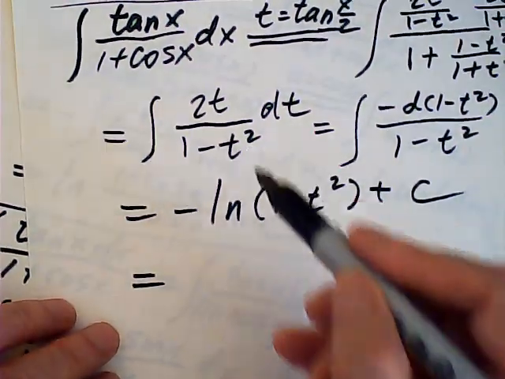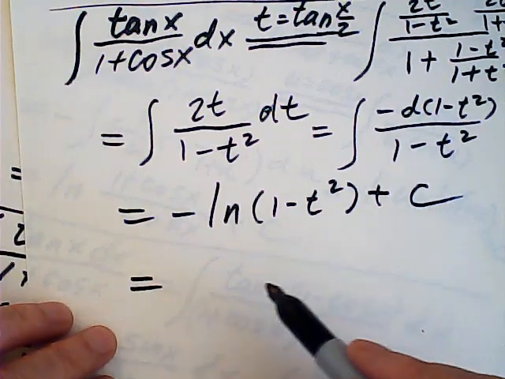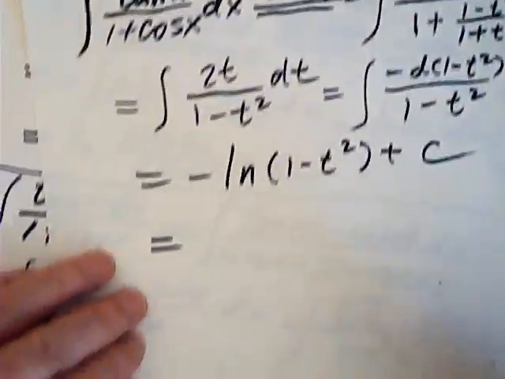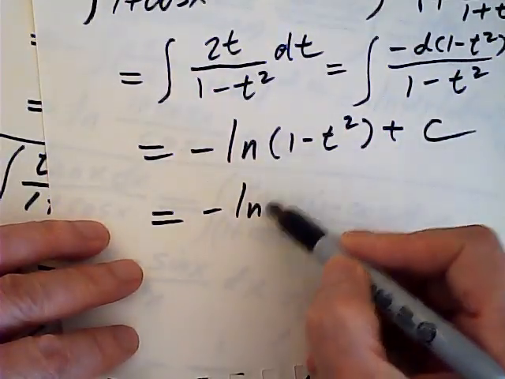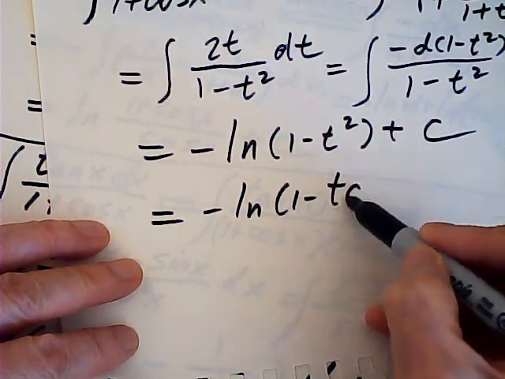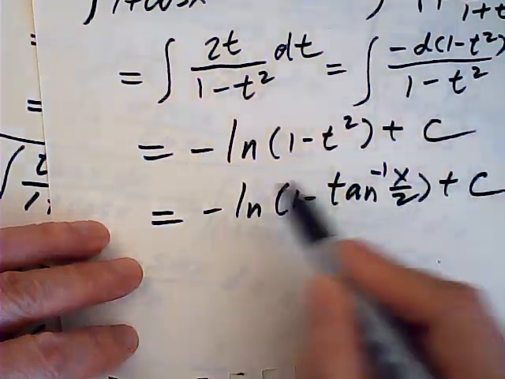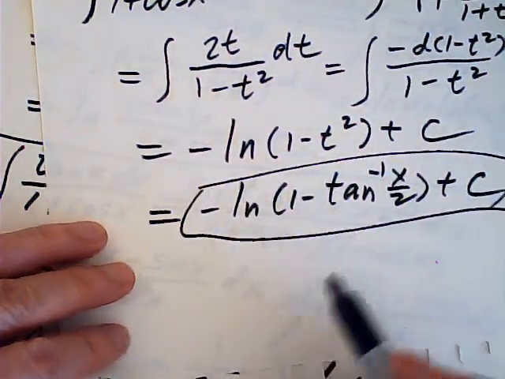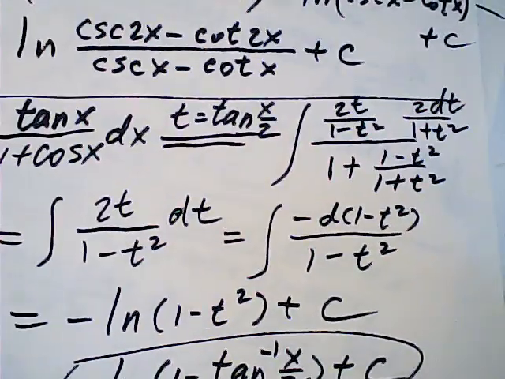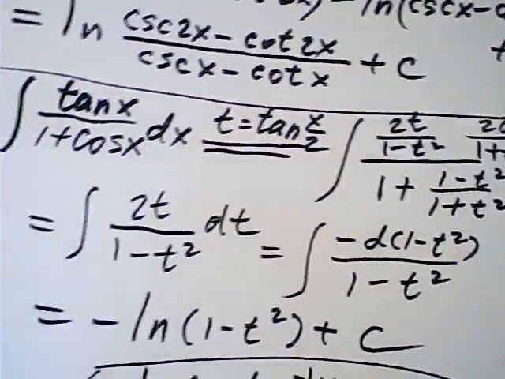Then we plug t back. t is half of x, right? Half tangent x. So it's negative natural log of 1 minus tangent of half x. Here, that is the result by the fourth method.